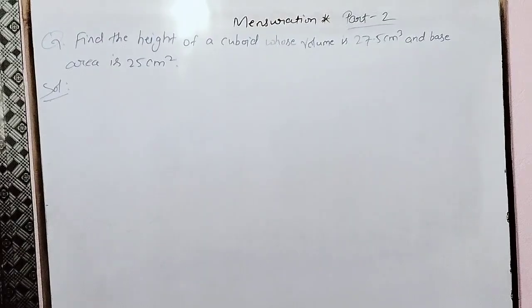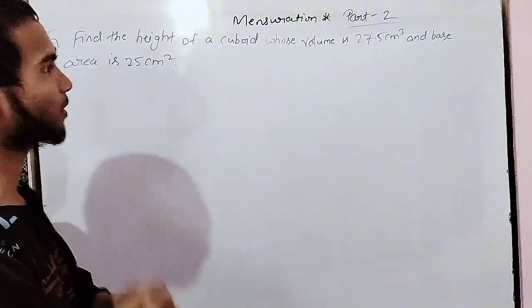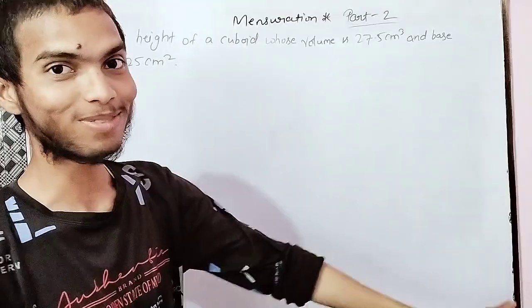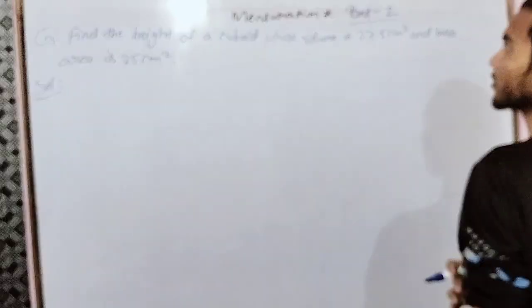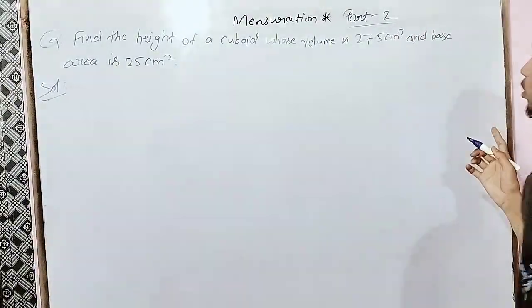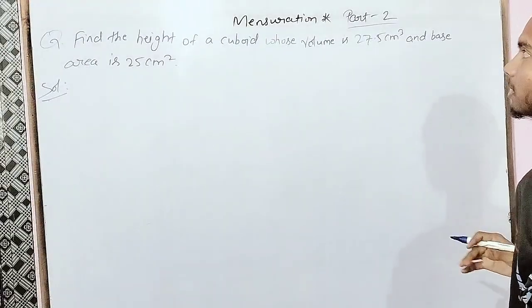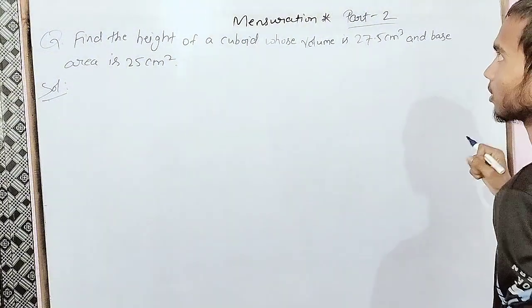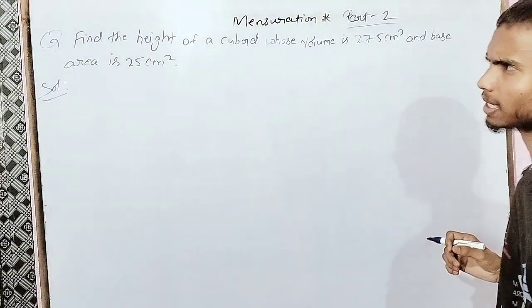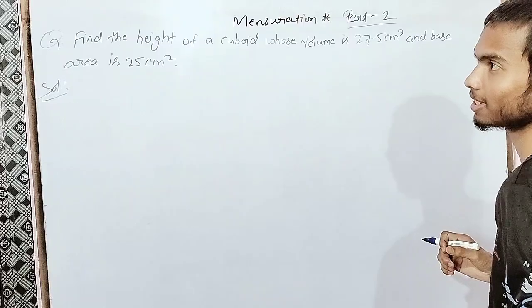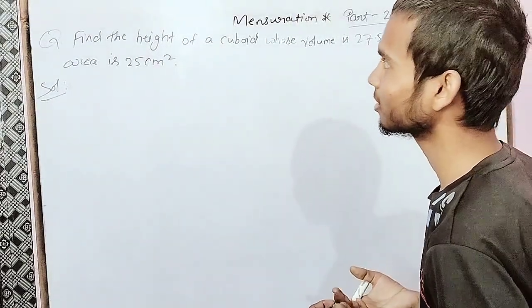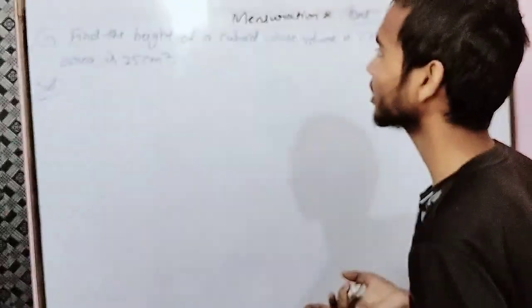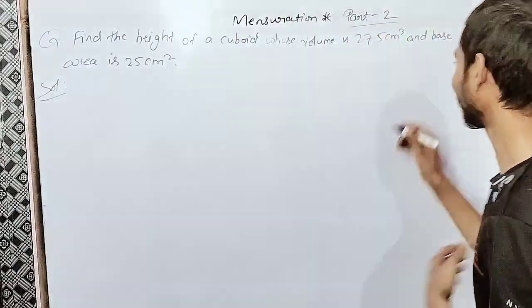Let's solve it by understanding this question. Find the height of a cuboid whose volume, not the total surface area of a cuboid. Okay, there is a volume of a cuboid. The total volume of the cuboid is given, which is 27.5 centimeter cube, and the base area is 25 centimeter square. This is area. And find the height.